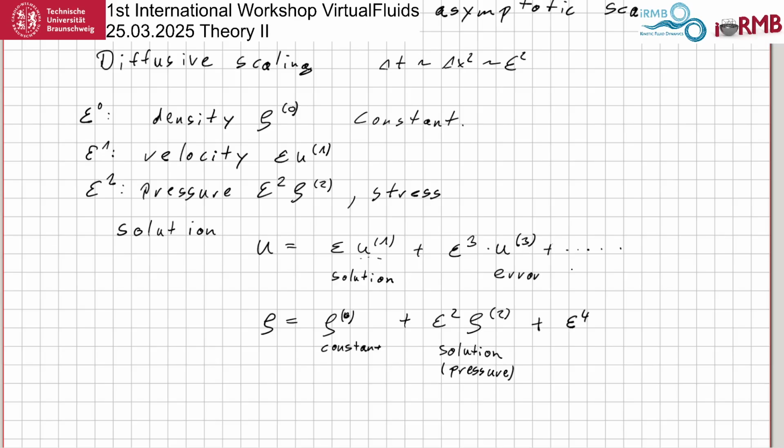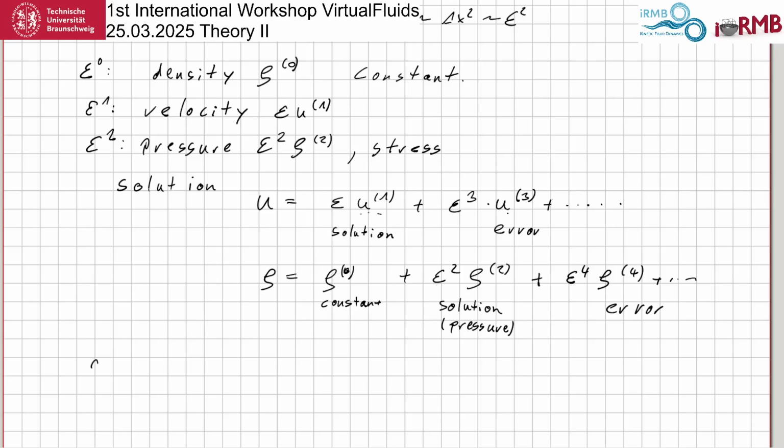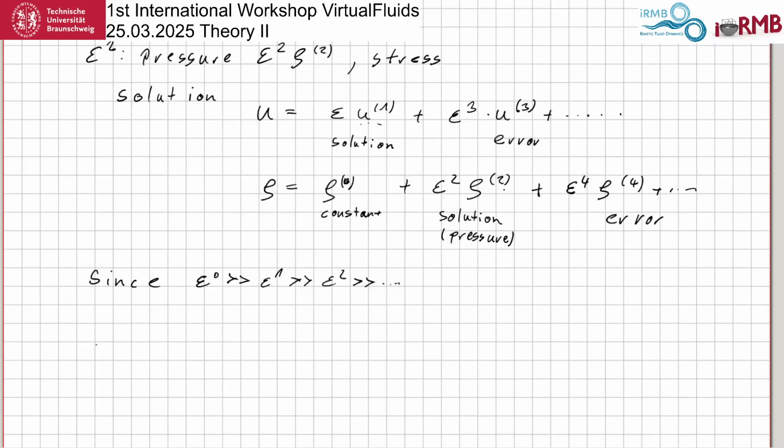And then there are error terms for this too. Error in pressure. And now, because this is a smallness parameter, epsilon to the order 0 is, of course, much larger than epsilon to the order 1, which is much larger than epsilon to the order 2, and so on and so forth.